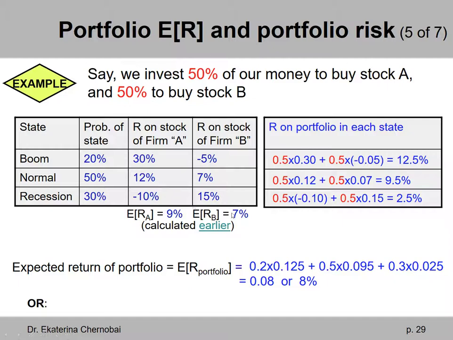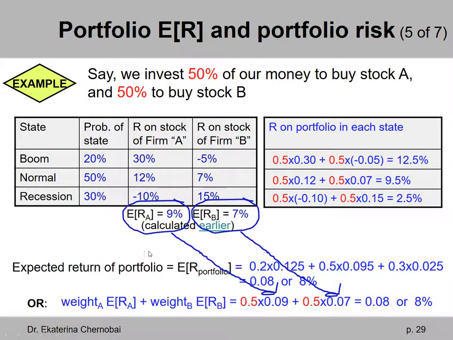Because you're buying them equally with your money, so half of your money buys A, half of your money buys B, then intuitively it makes sense to say that overall your expected return on A and B combined will be halfway between 9% and 7%.